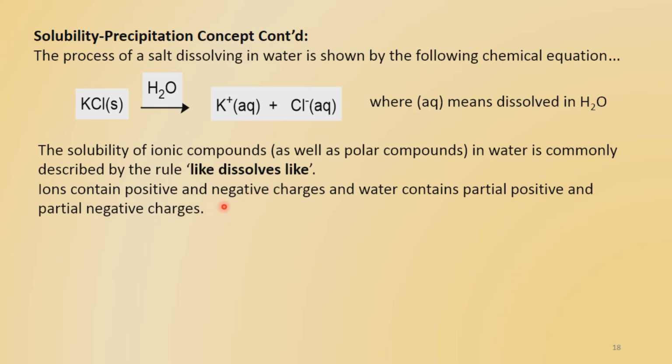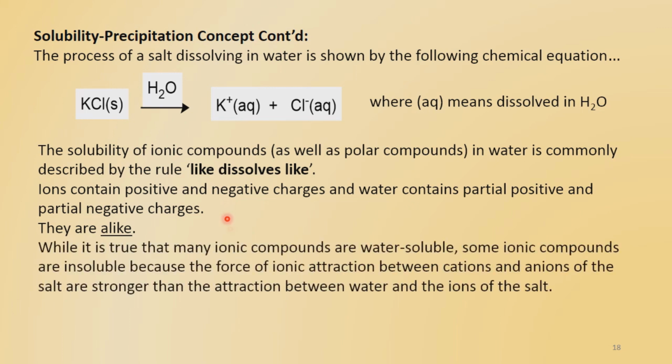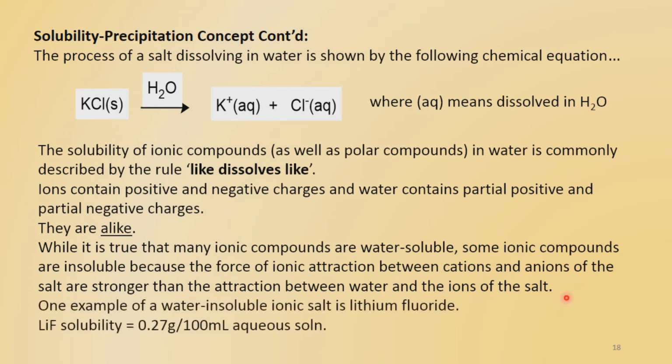Ions contain positive and negative charges, and water contains partial positive and negative charges, and in that sense, although they're not identical, they are alike. Now, while it's true that many ionic compounds are water soluble, some ionic compounds are actually insoluble because the force of ionic attraction between cations and anions of the salt is stronger than the attraction between water and the ions of the salt.